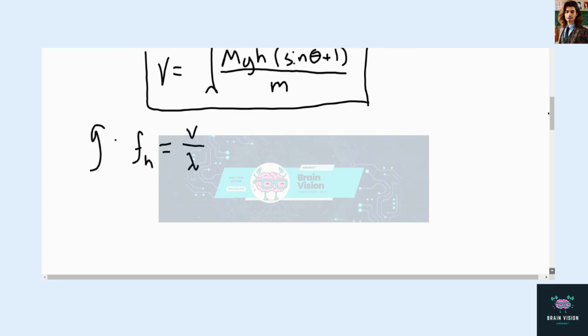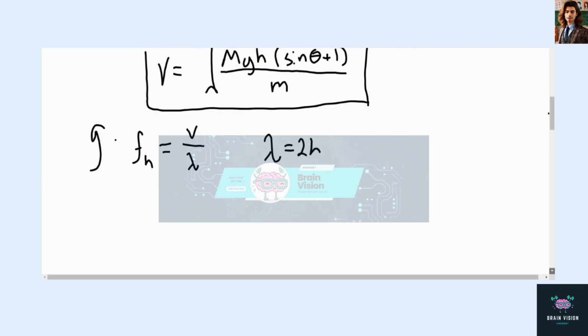And the wavelength, of course, is going to be twice the height because we have a node at both ends. So we go from a node to another node. That'll be half a wavelength. To get to a full wavelength, we have to go twice that distance. So lambda is equal to 2h.